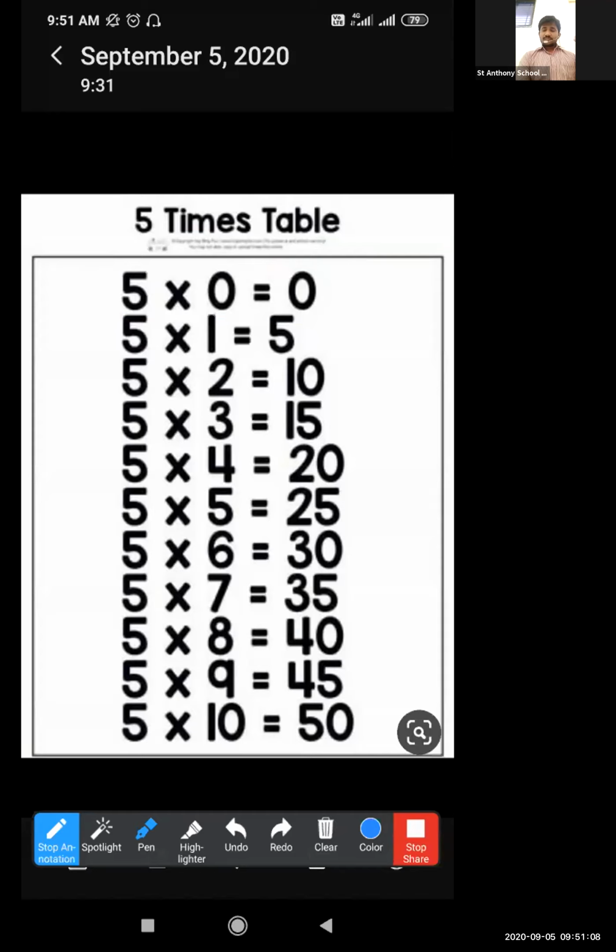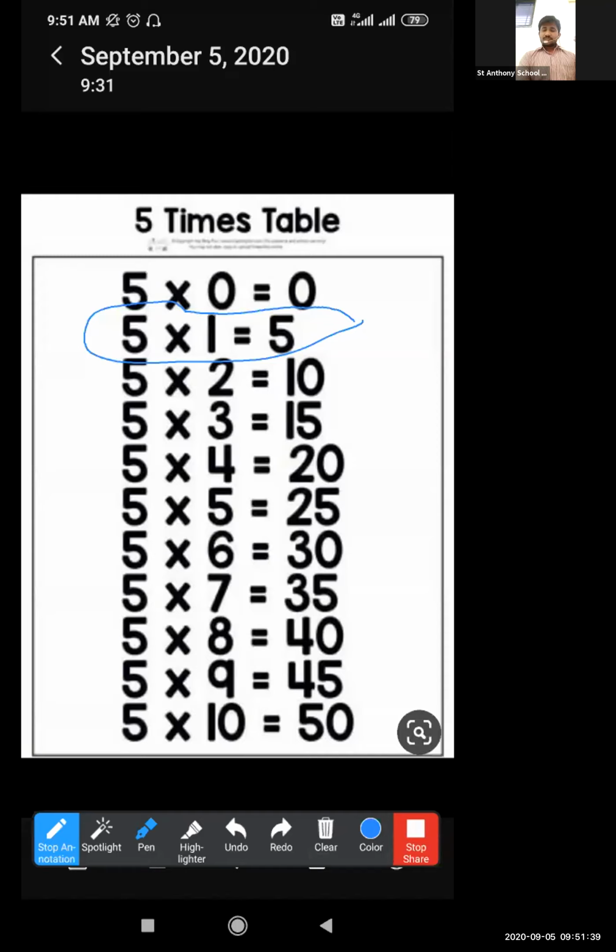Okay, now 5 into 1 is equal to 5. See here, I'm talking about this specifically now. 5 into 1, the answer is given as 5. How? The meaning of 5 multiplied by 1, or 5 into 1, is add 5 one time.